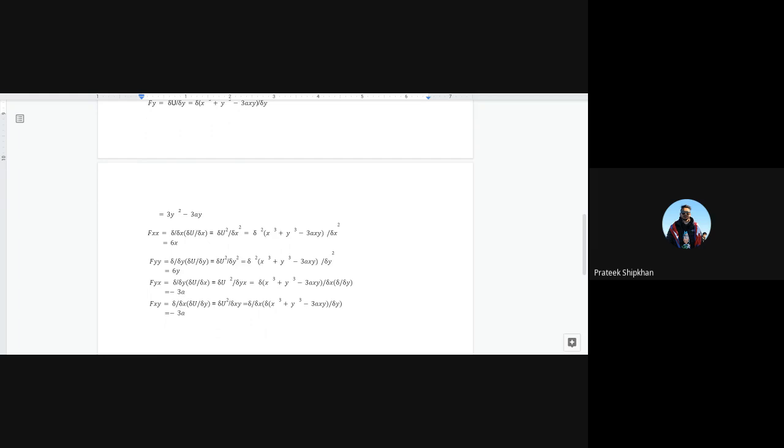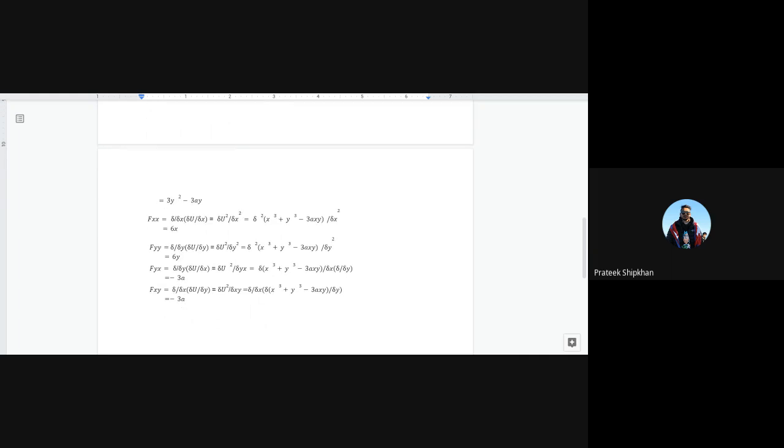Then derivative of 3x square will be 6x, and 3ay will be 0 as there is no any variable term. Same goes for delta square u by delta y square, like here. We solve keeping x as constant. Keeping x as constant, we get 6y as a result.